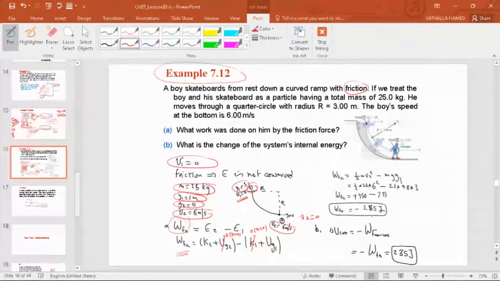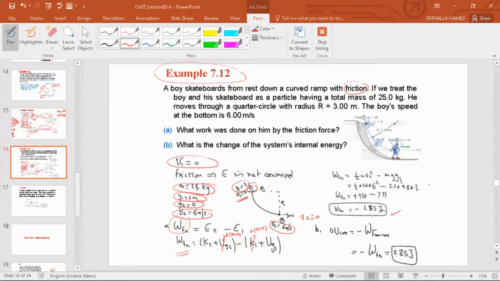This gives you 450 minus 735, and the work done by friction is minus 285 joules. We expect that to be negative because it's taken out of the total mechanical energy of the boy.